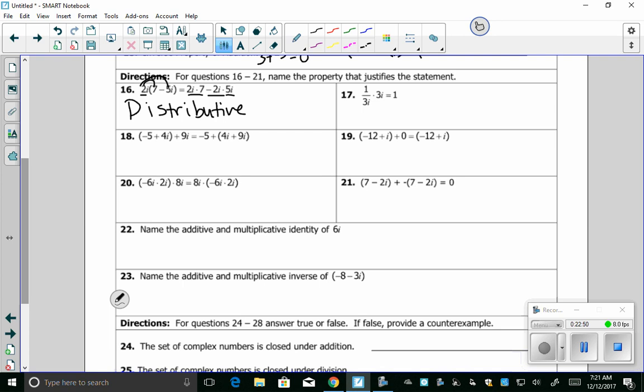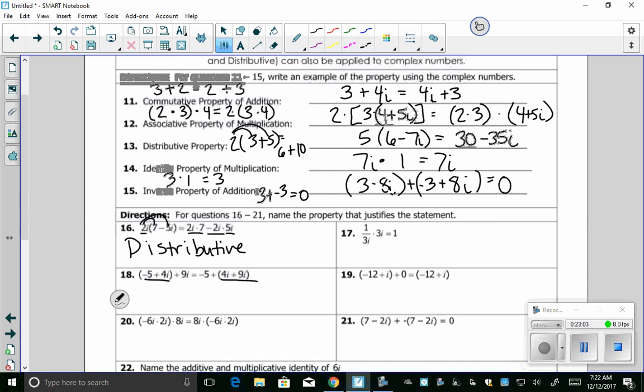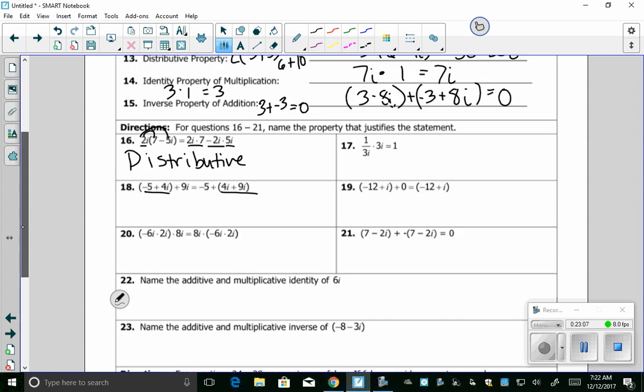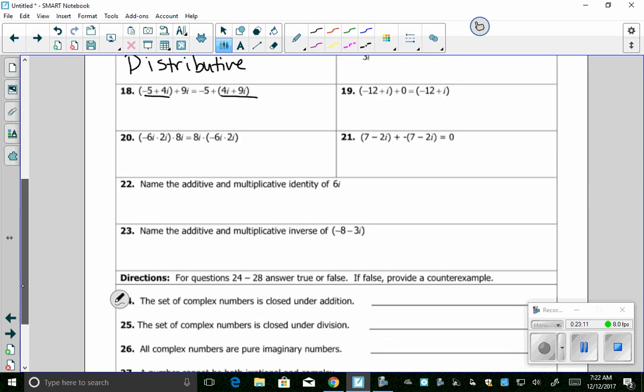On 18, it looks like I'm adding this first, but over here I'm adding this first. So I'm just changing the order of my parentheses. Well, if I look back up here, changing the order of the parentheses was number 12. The associative property of multiplication.